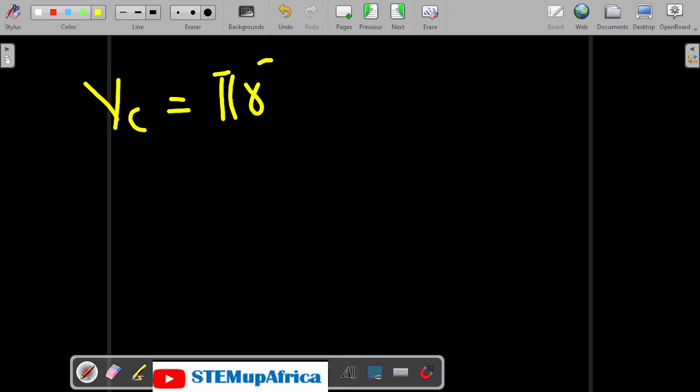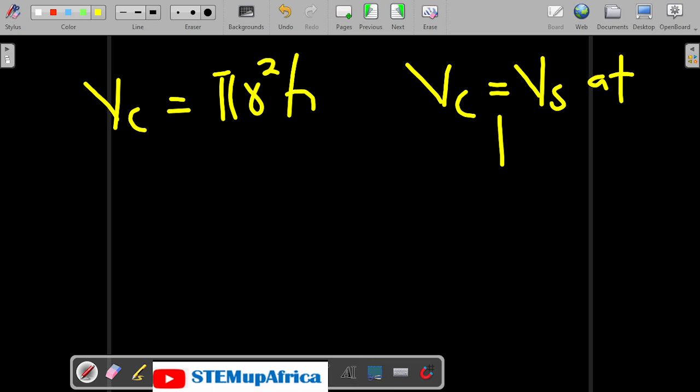So what is the formula for the volume of a cylinder? Volume of cylinder, VC, is pi r squared h. So the volume of the cylinder is equivalent to the volume of the sphere at height 10.5 cm. That is the height it occupied when it was minted.